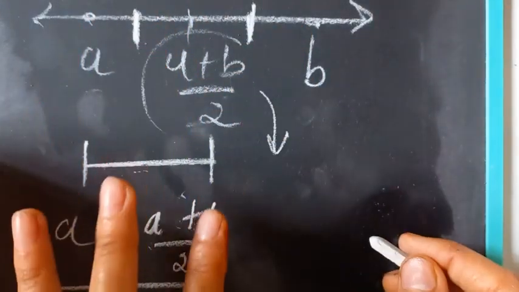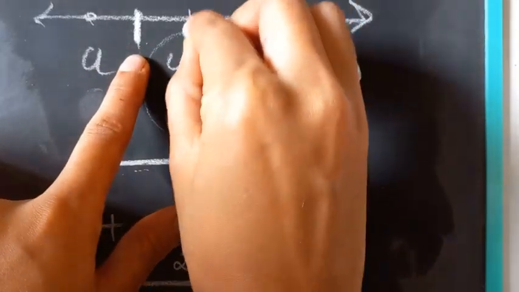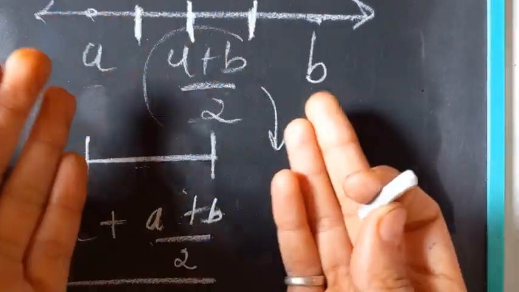So finally we will have three rational numbers, 1, 2 and 3, which are between a and b.